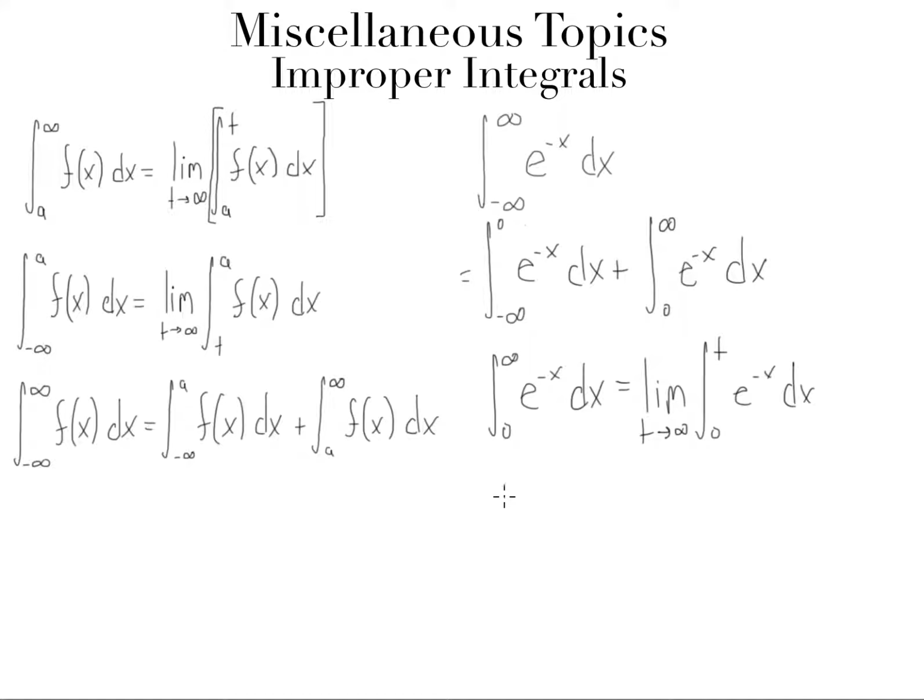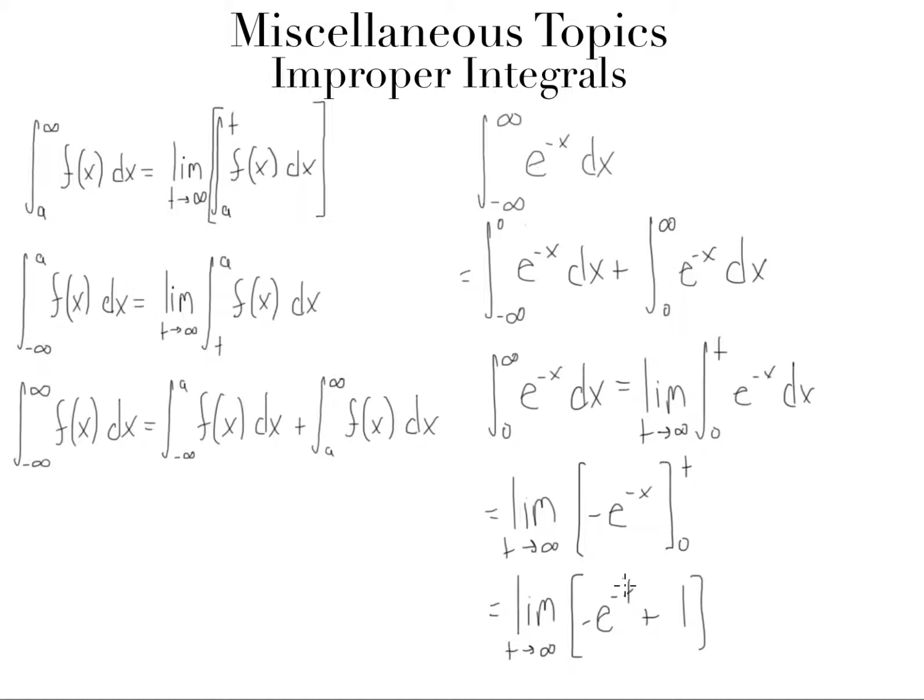So simple u substitution makes this integral equal to the limit as t goes to infinity of negative e to the minus x evaluated from 0 to t. This is equal to the limit as t goes to infinity of negative e to the minus t plus 1, since we have this minus minus and e to the 0 is simply 1.